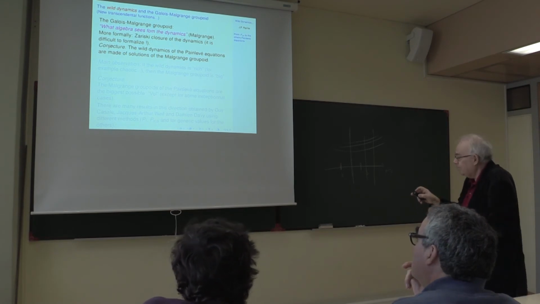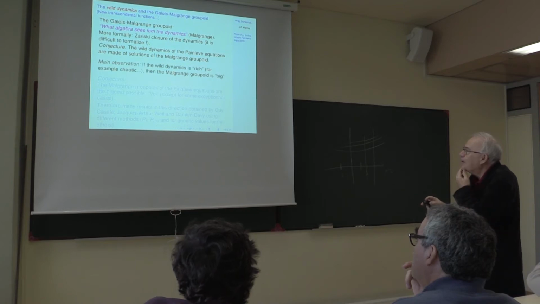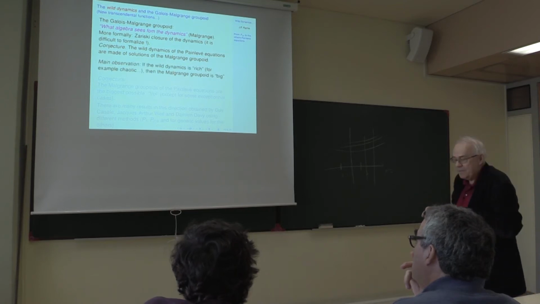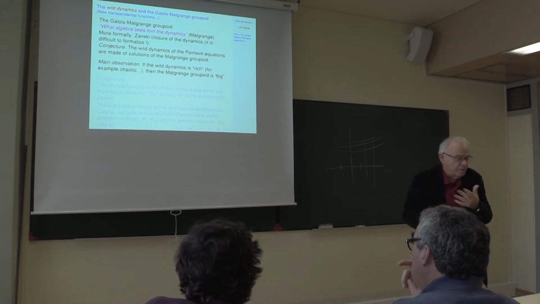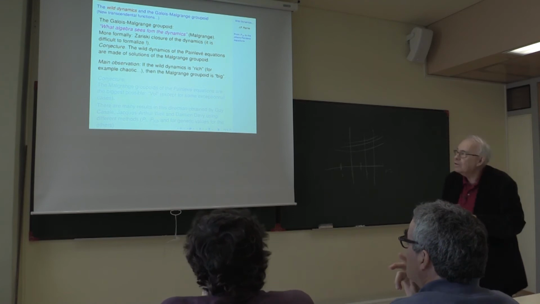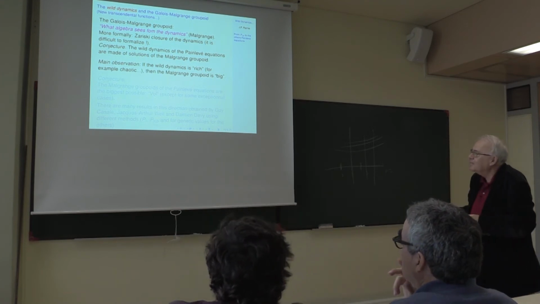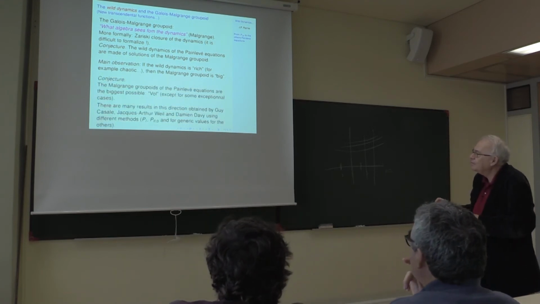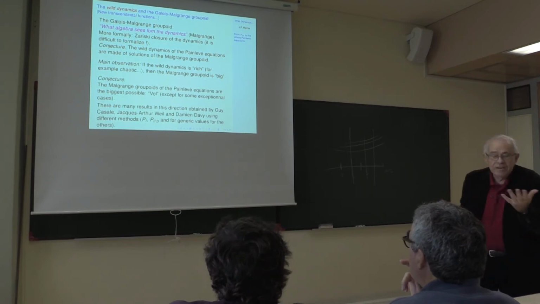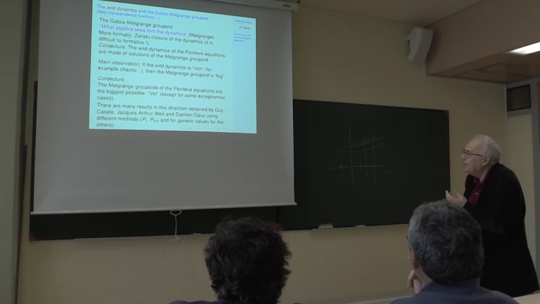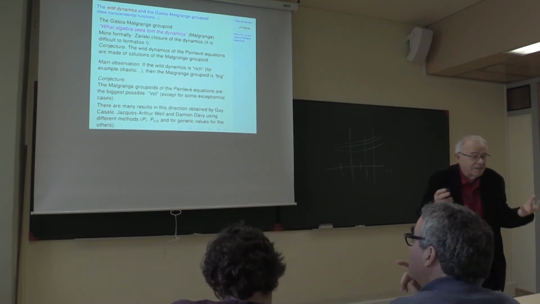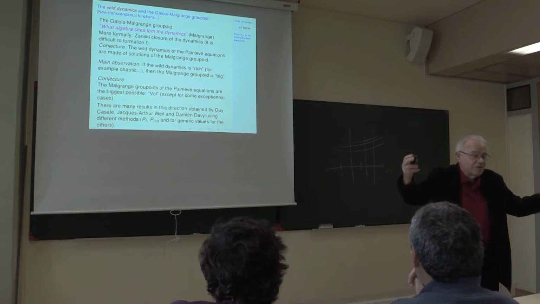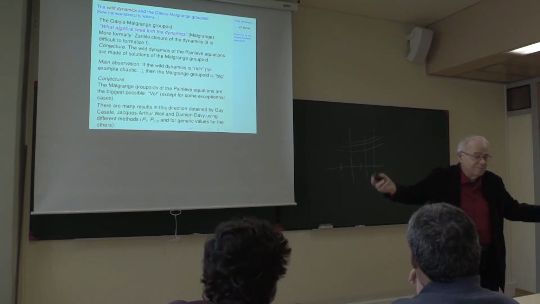Now, some points today remain conjectural. That is, that the wild dynamics of the Painlevé equation are made of solutions of the Malgrange groupoid. For linear equations, it's a theorem that I proved some years ago. But here it's not yet proved for Painlevé. The idea is that the wild dynamic is rich and complicated, so it obliges the Malgrange groupoid to be big.